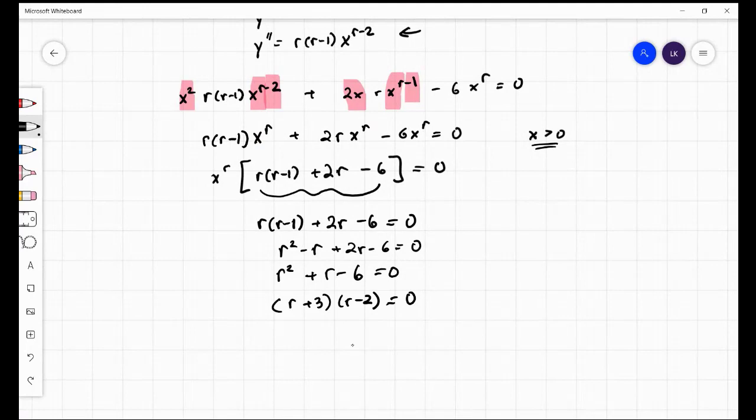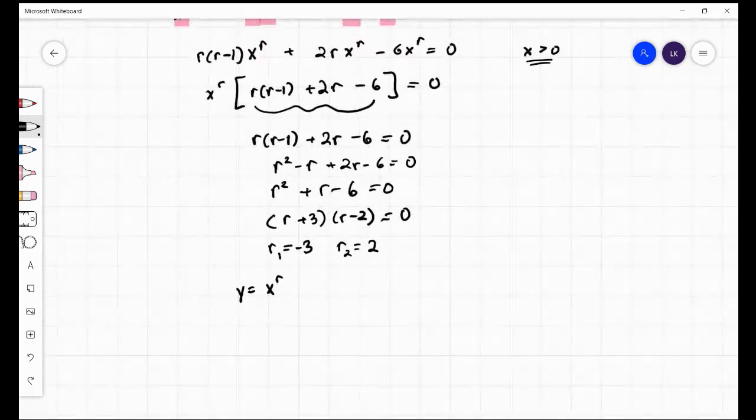So I see two roots. One root is -3, and the other root is 2. So apparently, our assumed solutions that looked like y equals x to some r, the r's that would make this work are -3, and we get another solution where r is 2.